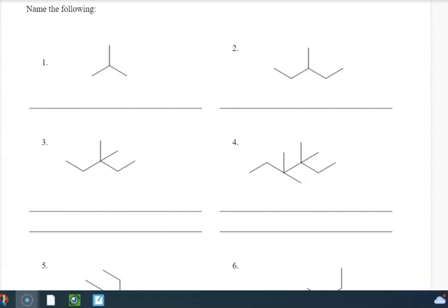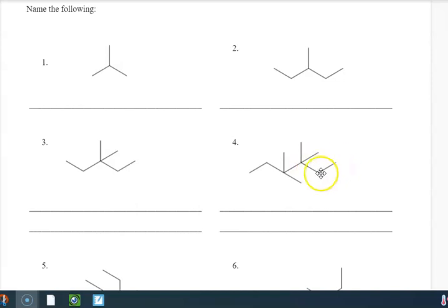This one looks kind of funky. Let's see how this goes. I think if you just do the zigzag, you get them. 1, 2, 3, 4, 5, 6. So there's my hexane. Now we have to count real quick, because if I went the direction I went, I have 1, 2, 3. So I have 2 branches on 3. So I have a 3, 3, 4, 4. Looks like a tetramethyl.